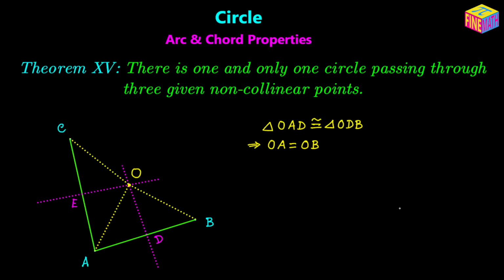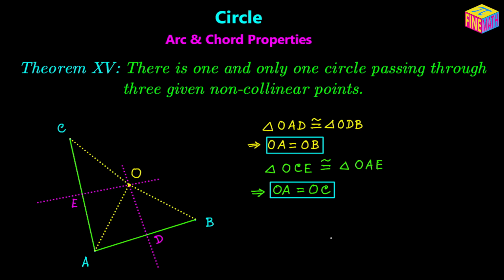And also the angle OEA and the angle OEC are right angles. And then OE is a common side. So here again, using the SAS criteria of congruence, those two triangles are also congruent. And because they are congruent, the corresponding sides will be of equal length. So we can say OA will be equal to OC.